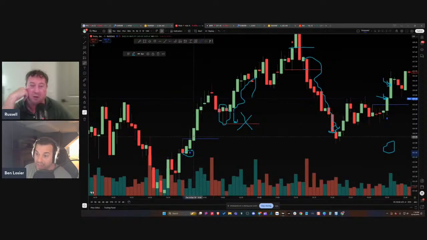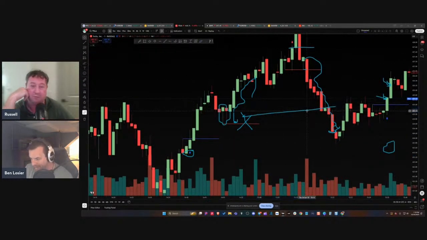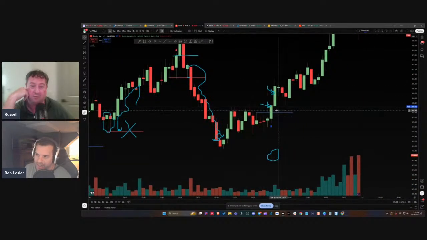But I like waiting for a confirmation above it to get in as well. There are so many different ways you can look at this and approach it, but anything closing above it is really solid.